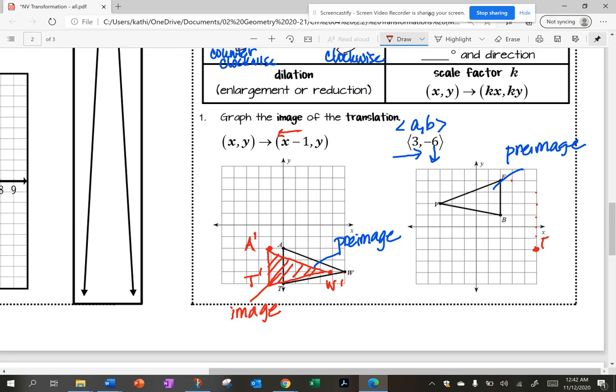So E now becomes E prime. Then B prime. Then V prime. Okay, so this is my image.